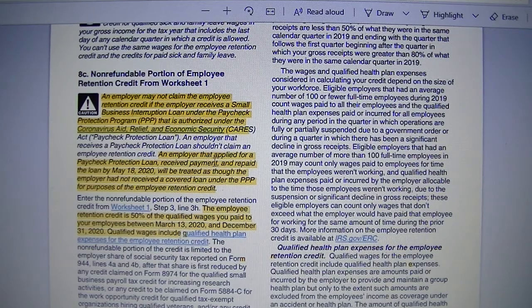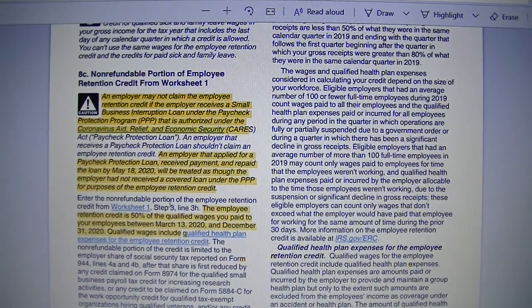An employer that applied for a paycheck protection loan, received payments, and repaid the loan by May 18, 2020 will be treated as though the employer had not received a covered loan under the PPP for purposes of the employee retention credit. So that means in that case, the employer could claim the credit.